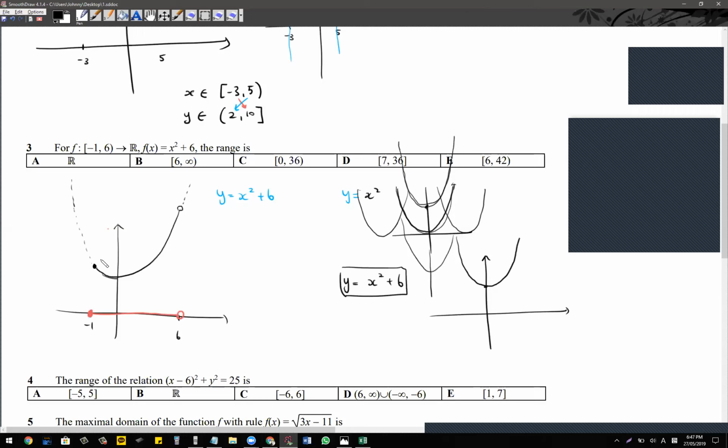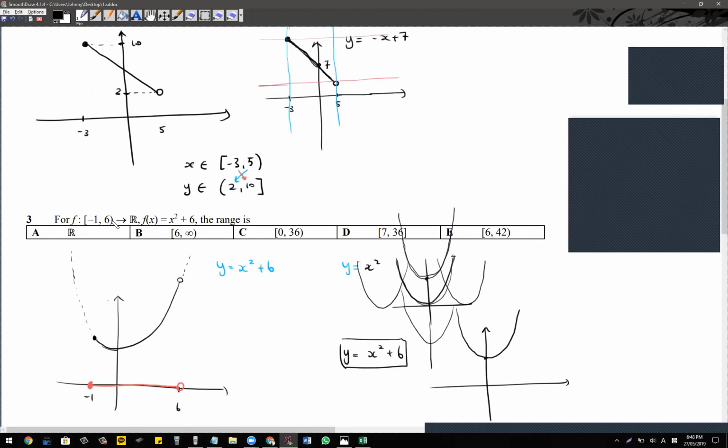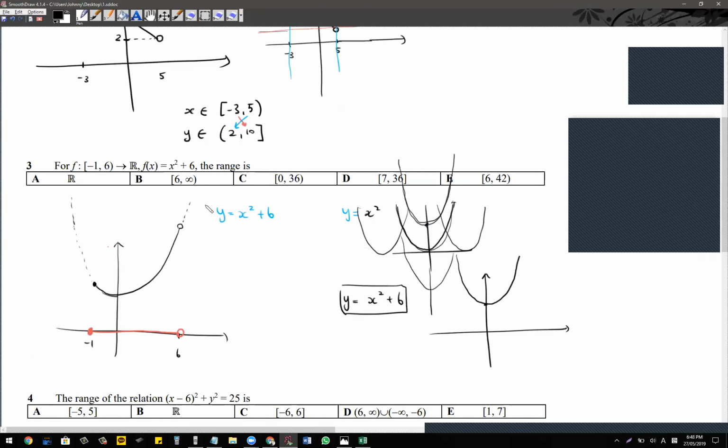So of course, in the previous question, we plugged in these extreme values, -3 there, 5 there, to find the range. But if we do that here, plug in -1, then you get 7. If you plug in 6 there, you get 36 plus 6, which is 42.